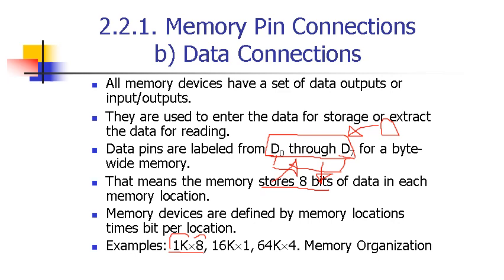For example, 1K by 8 indicates that the memory device is organized as such: you have 1K memory locations, each of 8 bits, while 16K by 1 indicates you have 16K memory locations, each of a single bit.